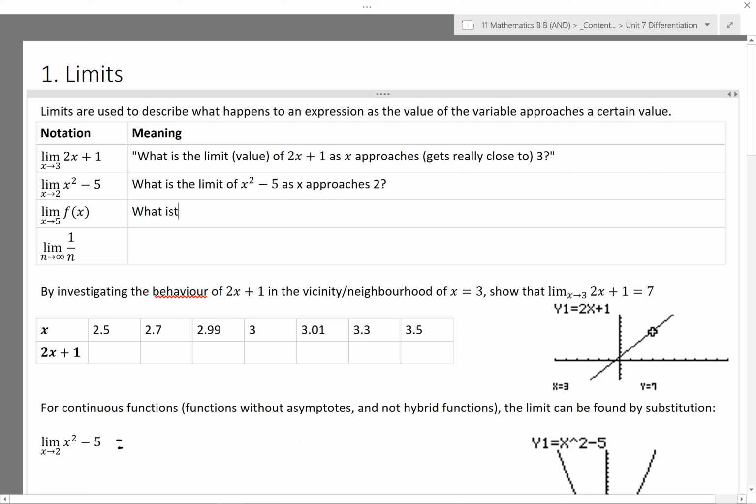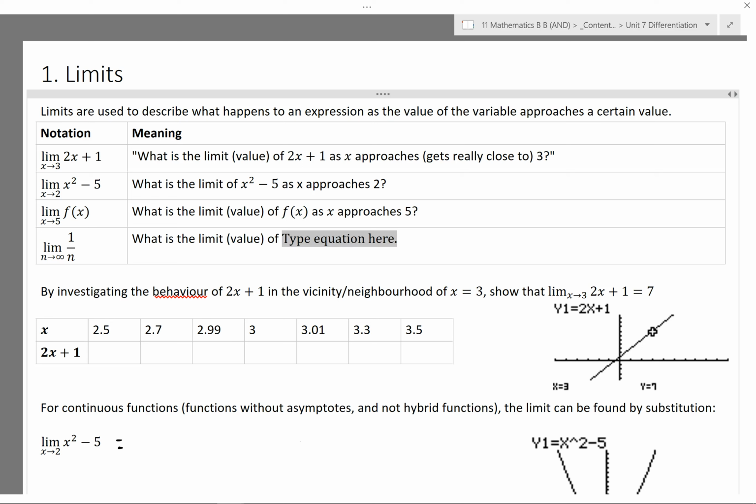What is the limit of the value of f of x as x approaches 5? Or this last one, what is the limit of the value of 1 on n as n approaches infinity?